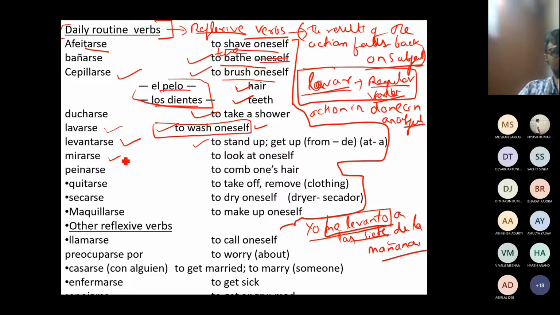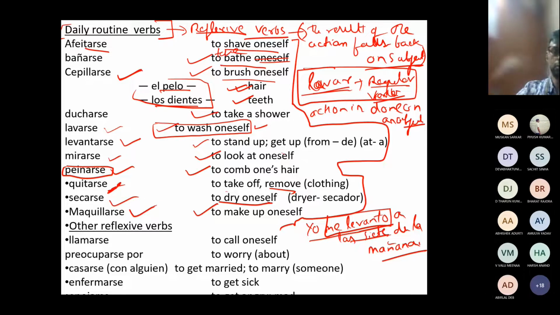Then next one is mirarse, which is to look at oneself. Peinarse, to comb one's hair. So you can use either peinarse or cepillarse for brushing the hair, but don't use peinarse for teeth. Quitarse, to take off or to remove clothes. Secarse, to dry oneself. And maquillarse is to make up oneself.